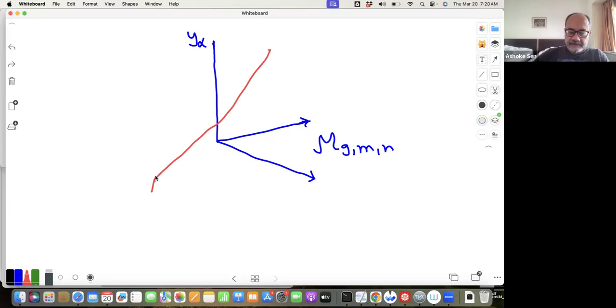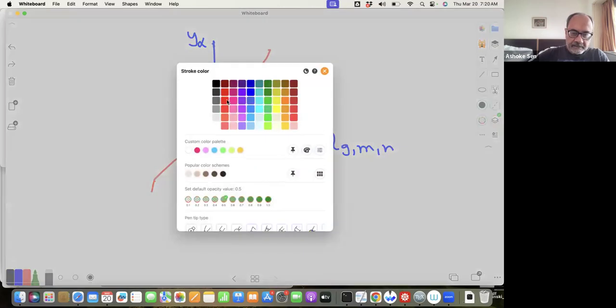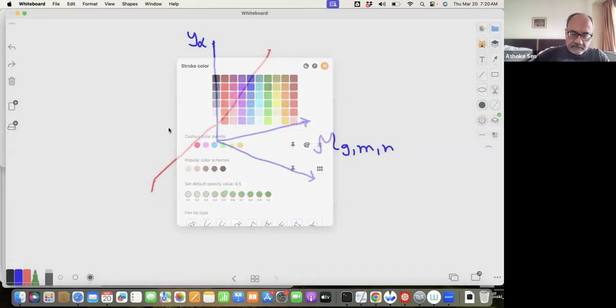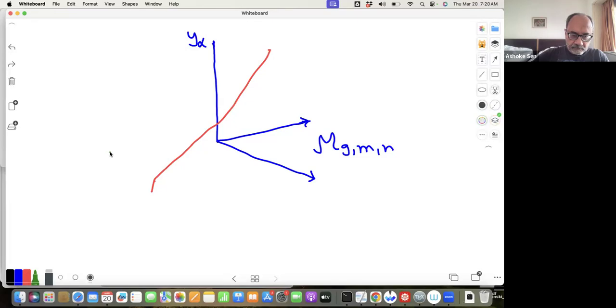Is that clear? Now consider a section, which will be two-dimensional in this case because MGMN is two-dimensional. So the section will be like this.